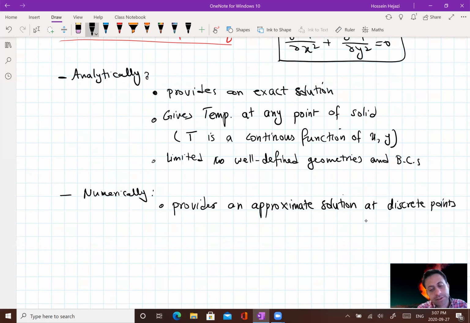The way to deal with it numerically is that the domain of interest, we start to discretize that domain and define nodes and find the temperature on each of these nodes. But we tend to increase the number of nodes so we can get as good an estimate as possible.